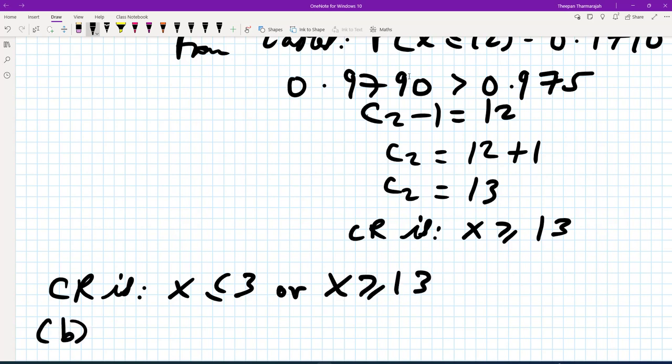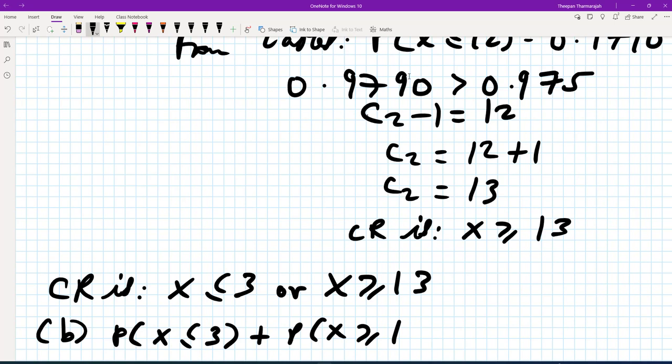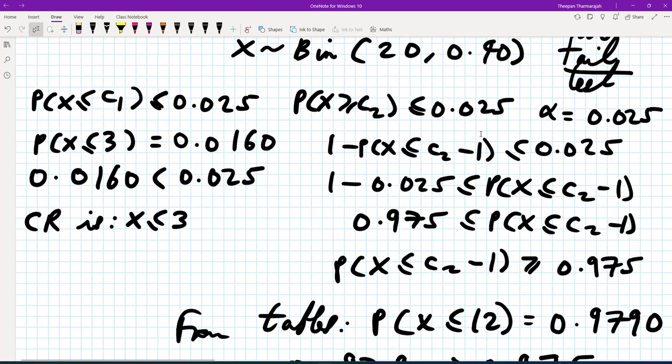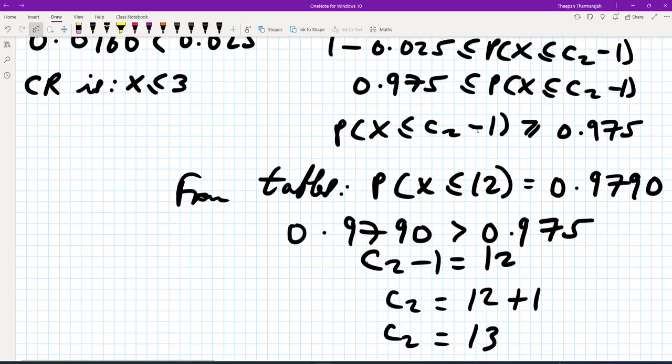So if we're going to work out the actual level of significance, we're going to work out these probabilities. So let's do that here. All the values that we need are given to us, or we've already written them down. So we know the probability that X is less than or equal to 3, that's going to be 0.0160.